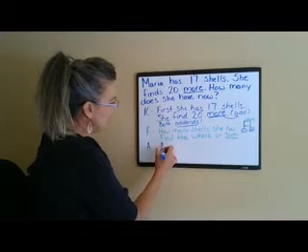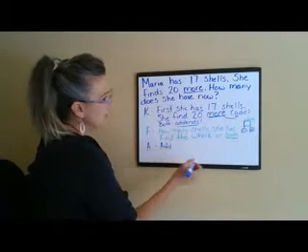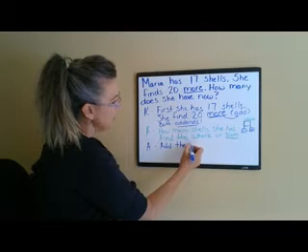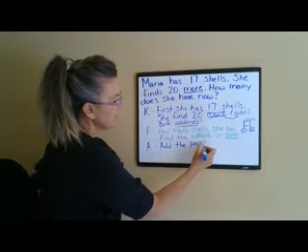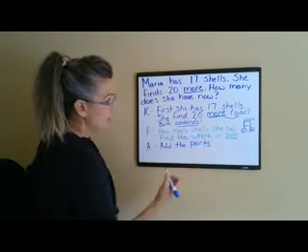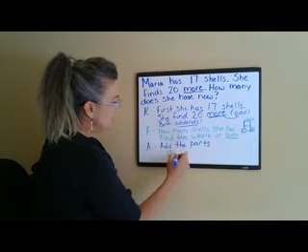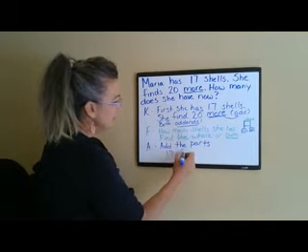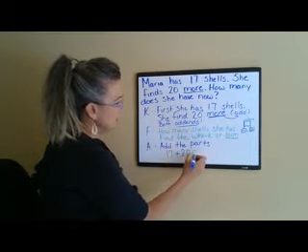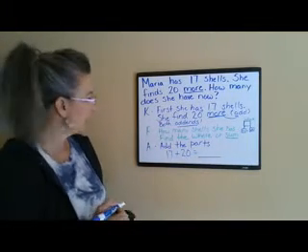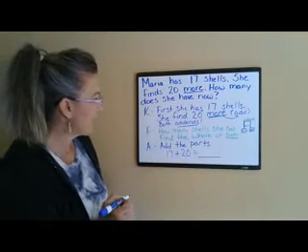Okay, so we're going to add our two parts together. So add the parts. Okay, so our equation is going to look like 17 plus 20 equals something. Okay, so we're going to add the parts.